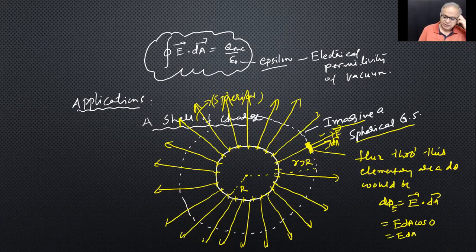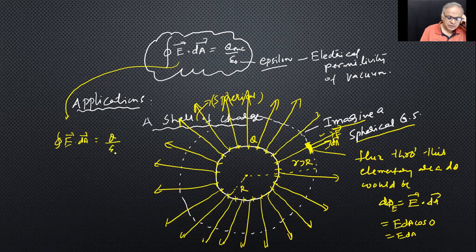Now, what does Gauss law say? Here itself we wrote integral E dot dA is Q enclosed by epsilon 0. The total charge is Q, and this circle shows a closed surface. E dA cos 0, what we wrote already there, I'm writing here, is Q by epsilon 0.